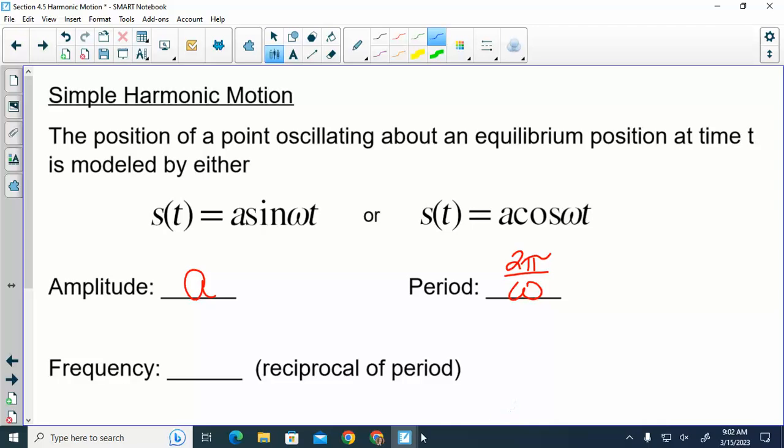The other thing that we haven't talked about yet is frequency. So period is how long it takes until it repeats itself. The frequency is the reciprocal of that. So it's going to just be your period flipped.